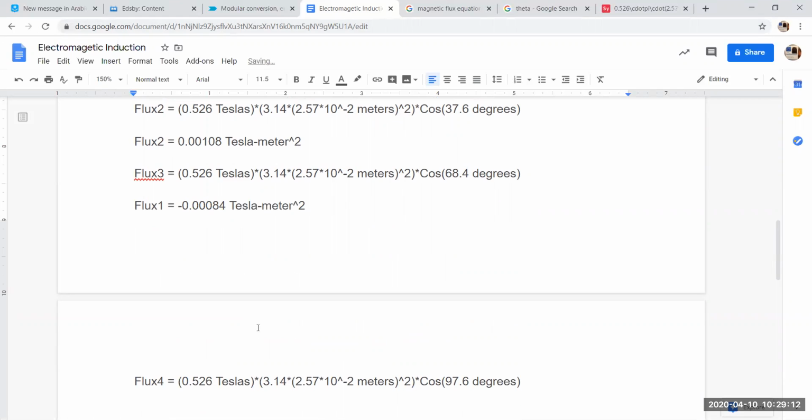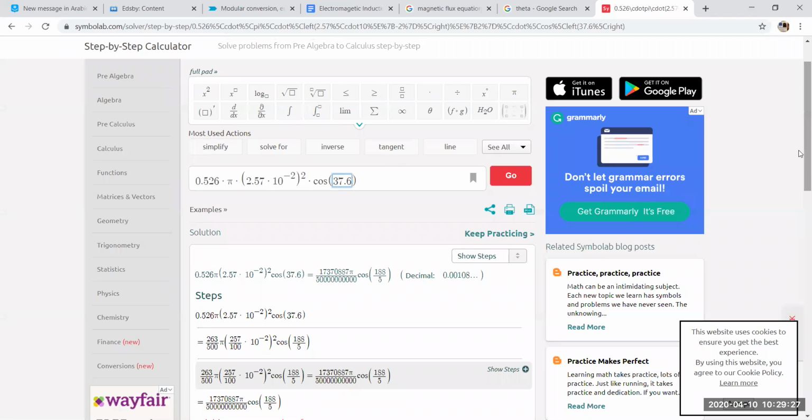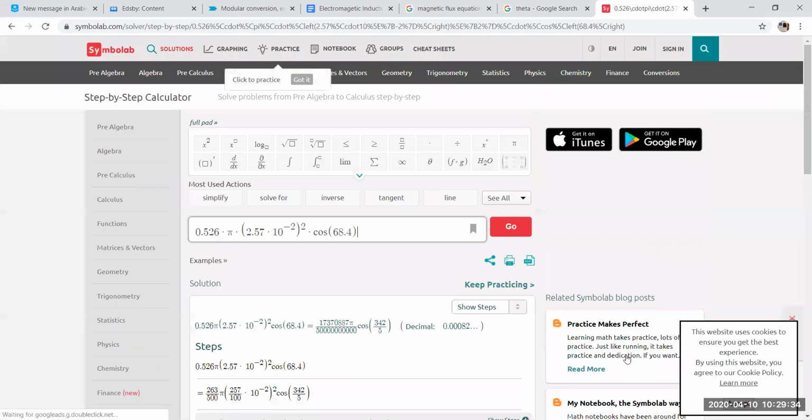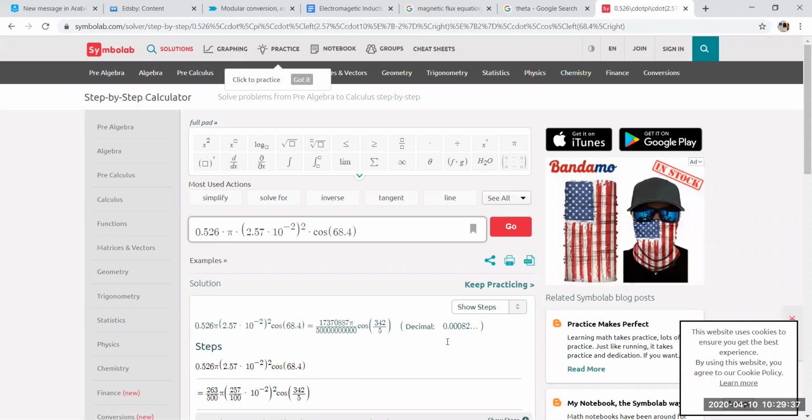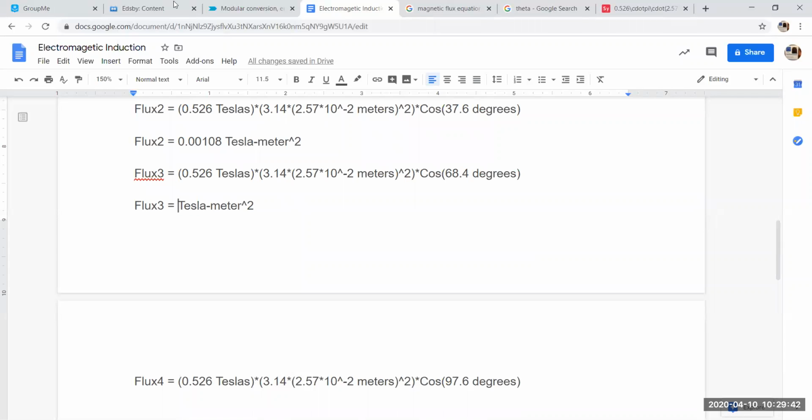We have Flux 3 we have to consider. And what is that going to turn into? Well, we got to look at what it is. The degrees for this is 68.4. So this is going to be 0.3082.